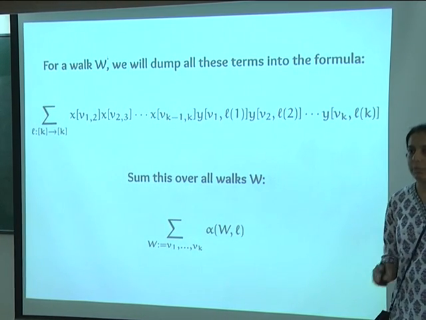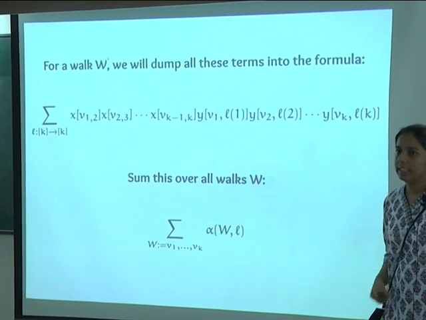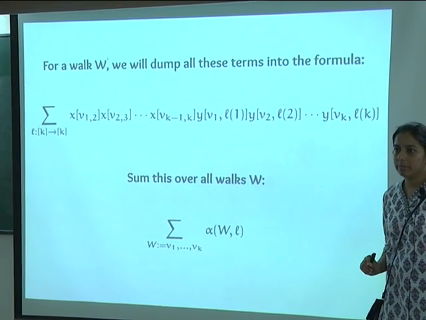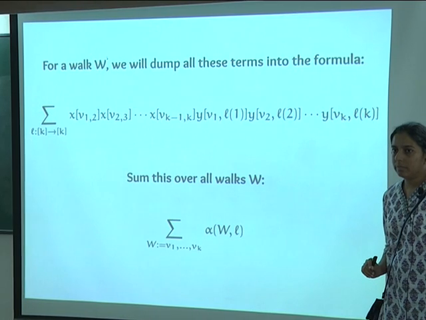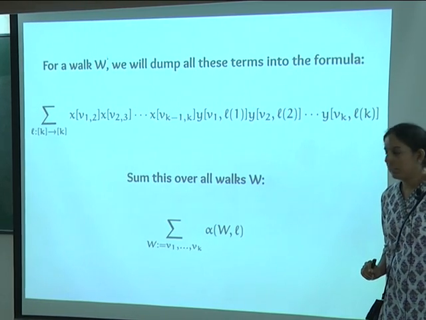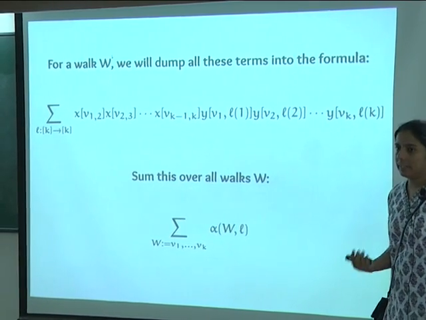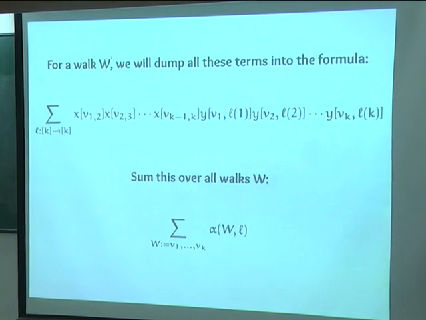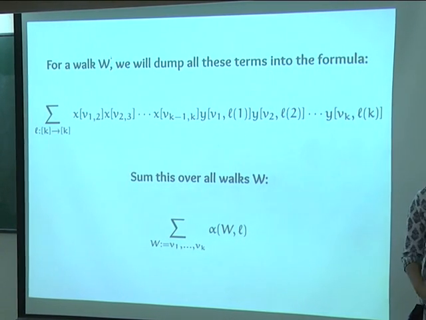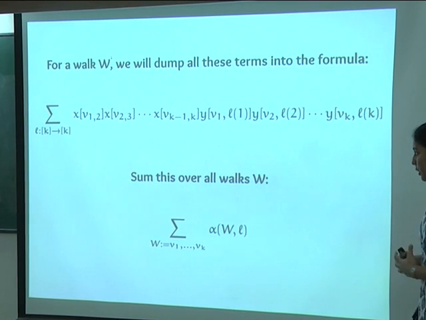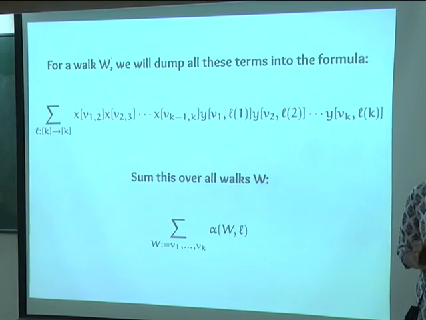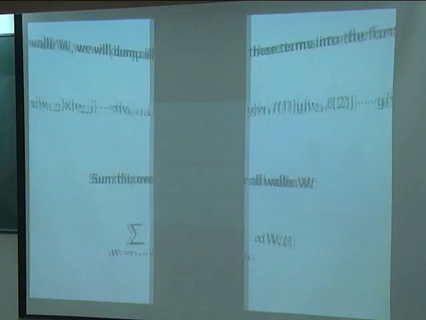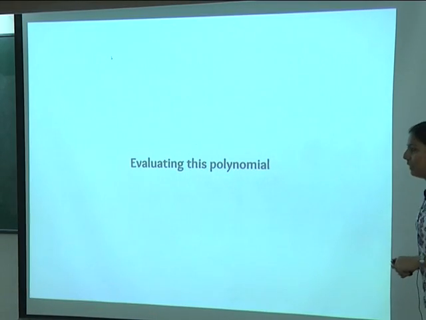If you had at least one path of length k, then together with these guys, you would have surviving terms. Okay, is that clear? And remember that it's important that you're evaluating this over a finite field of characteristic 2. We won't get into the details of what the field is. For the purposes of our discussion, it suffices that such fields exist and that you can use them. Okay, all right, so let's move along to evaluating this polynomial.